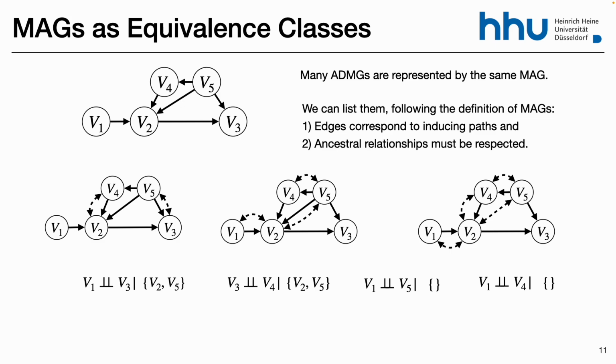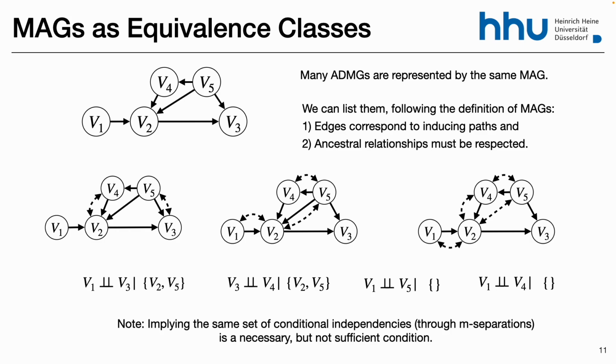And that's why they already represent an equivalence class. It's not the whole thing. So implying the same set of conditional dependencies is a necessary condition, but it's not sufficient to belong to the same MAG.